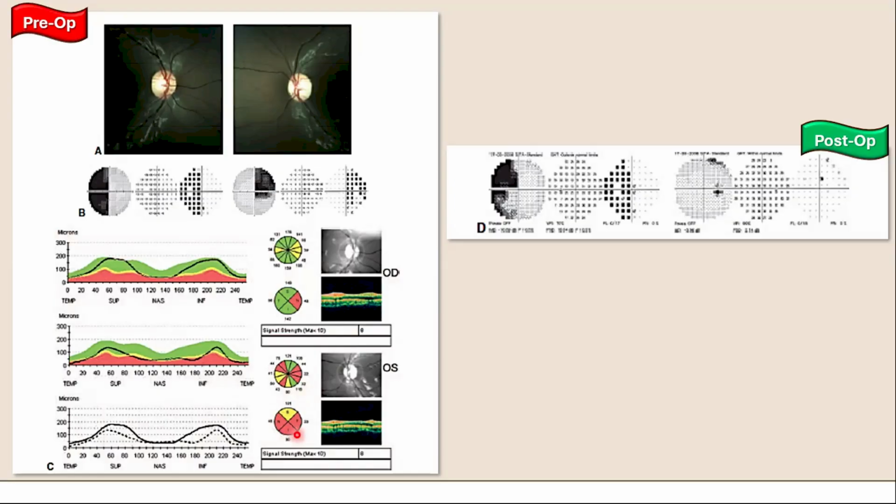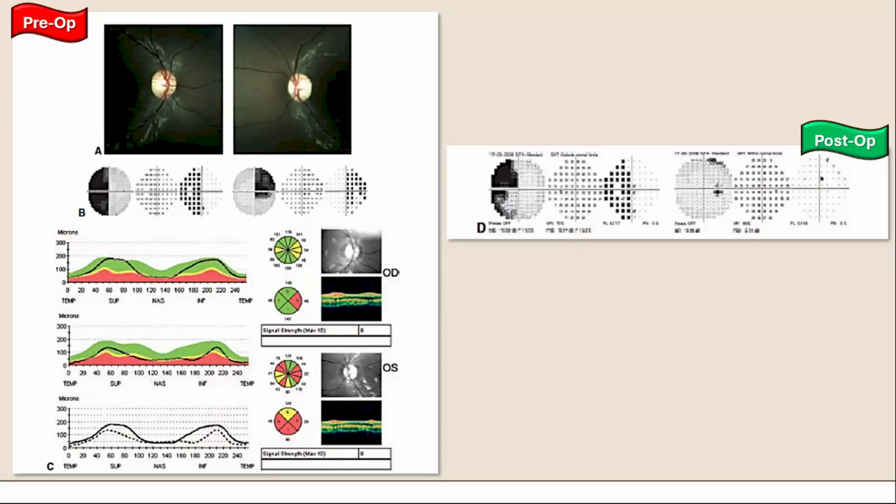Okay. This is the post-op, and as you can see, the right eye shows complete recovery, whereas the left eye still has some residual damage because it was more severely affected preoperatively. So again, this demonstrates how OCT can help us document the case.